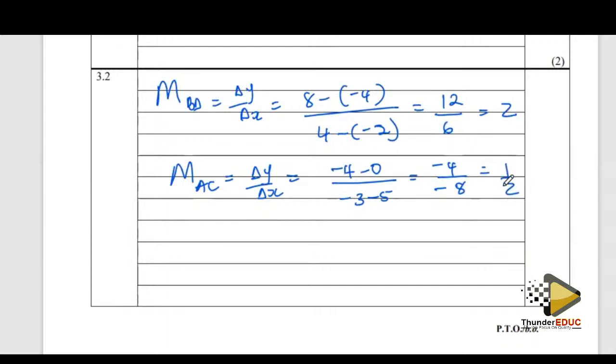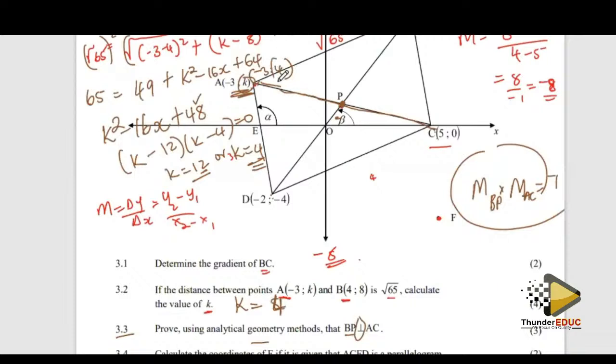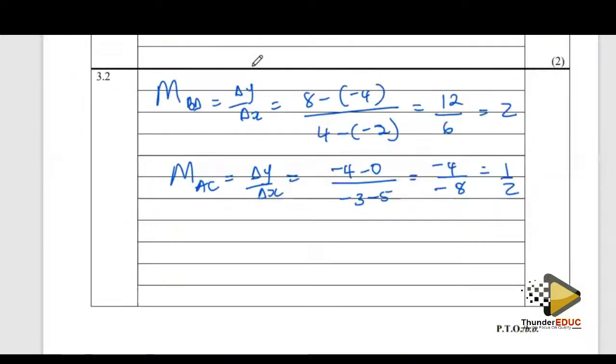With the previous one, did we do anything wrong? It was 8 minus -4, which is that. Something's not right. Something I did wrong here. Why am I using a -4 for the y? It's a positive.